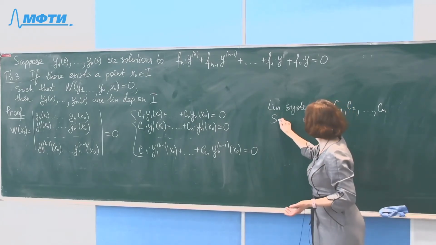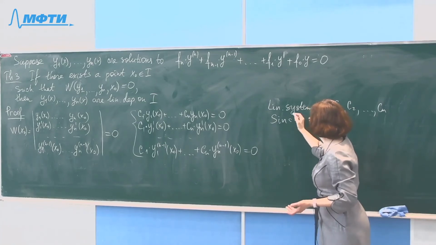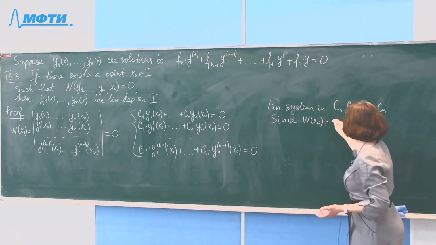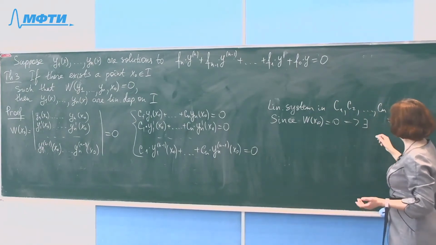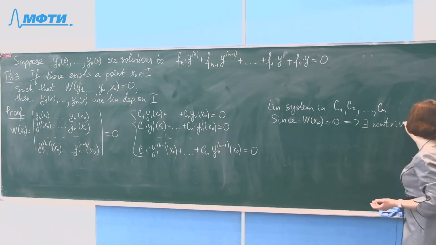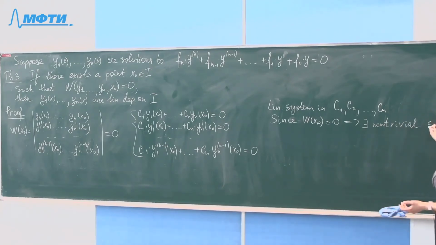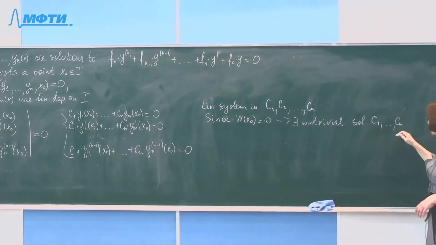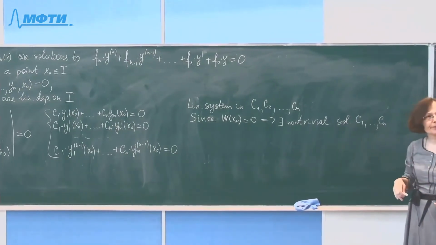So since the determinant is 0, there exist non-trivial solutions, the numbers C1 and so on, Cn, which are not all 0.